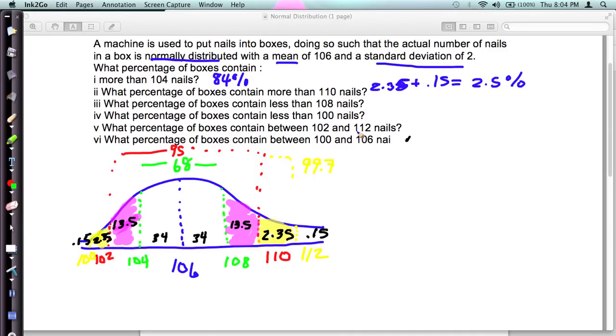For 3 it says what percentage of boxes contain less than 108. So you go to 108, and this is similar to the first one we did. The first half is 50% right here, and then to get to 108 we just need to add another 34% to it. So 50 plus 34, we already did that. It's the same as the first one, 84%.